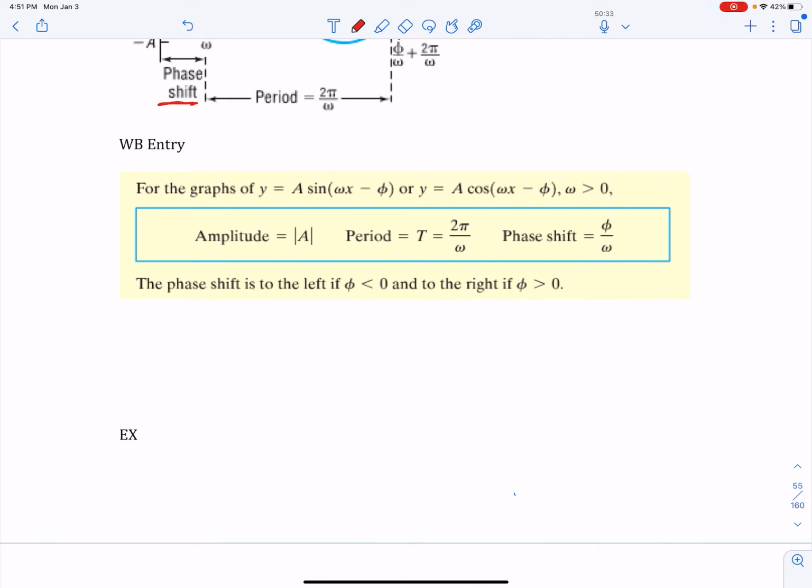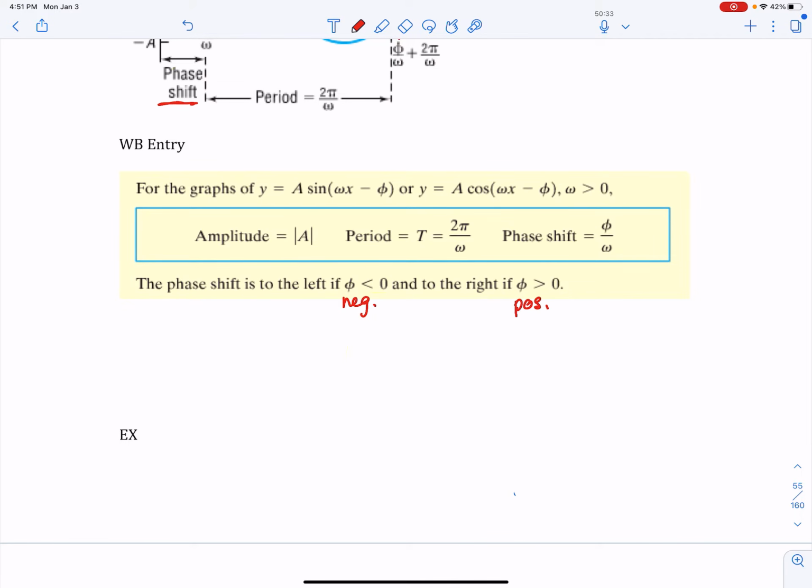The period is 2 pi over omega, and the phase shift is phi over omega. Now, if you have a phase shift to the left, that means phi has to be negative. And if there's a phase shift to the right, phi is greater than 0, so phi has to be positive.